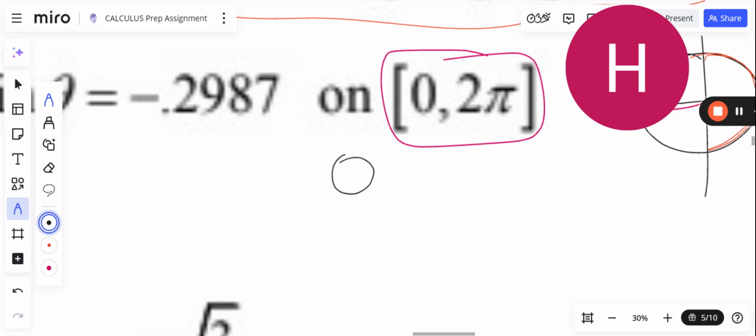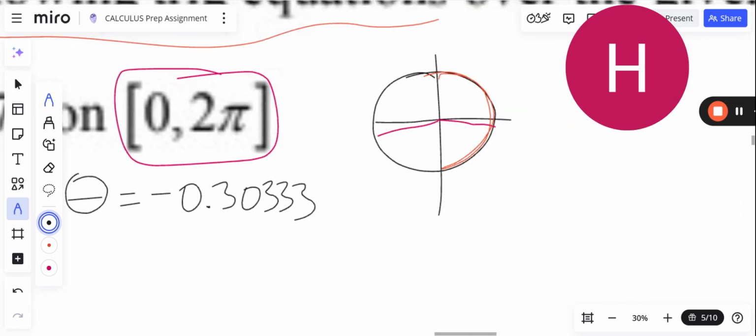That should give you an angle of negative 0.30333. Wow. And that's what this little angle is here, going backwards.